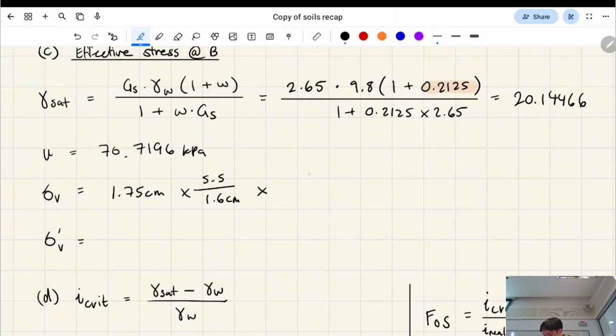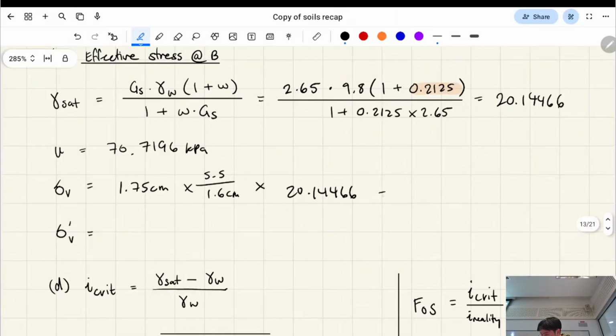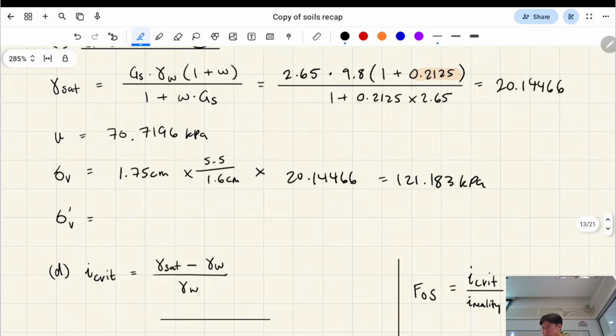And then we multiply that by the saturated unit weight, 20.14466, which gives us 121.183 kPa. Okay, the effective stress is just literally the difference between these two.